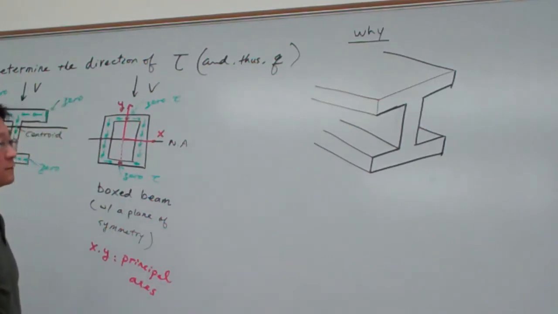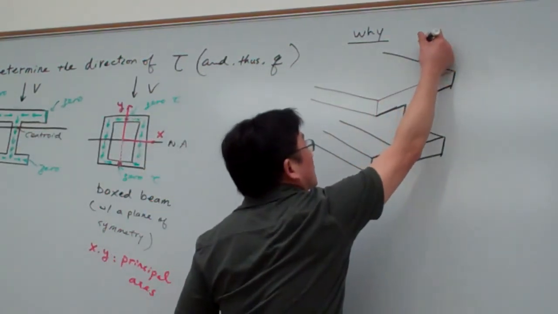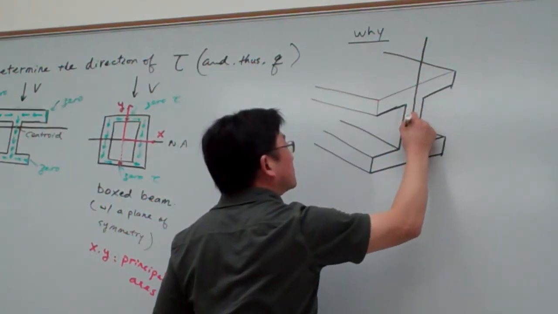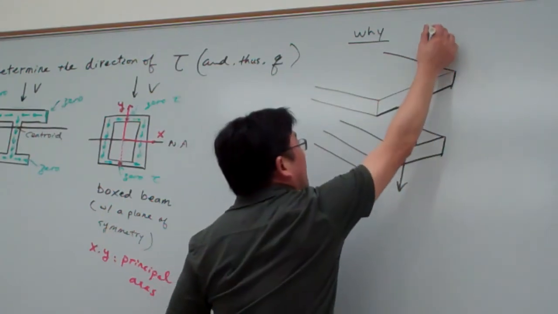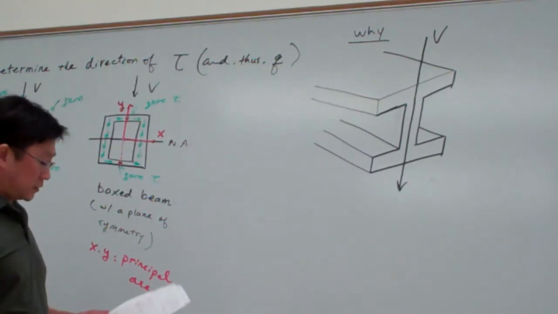Three-dimensional looks something like this. For example, assuming the transverse loading is applied in the vertical direction. That is the direction of the transverse loading across these cross sections.